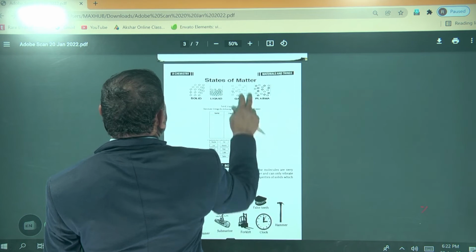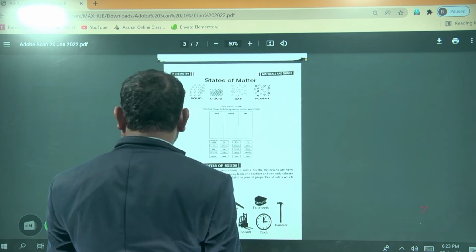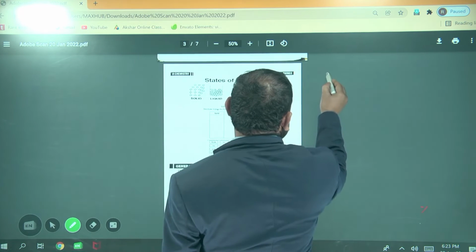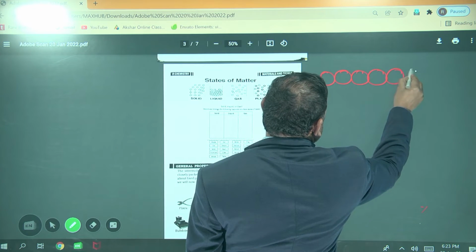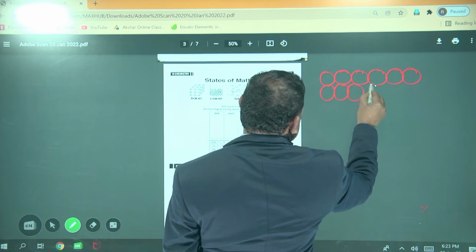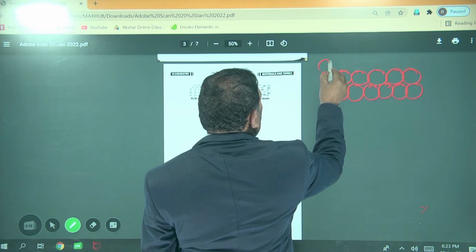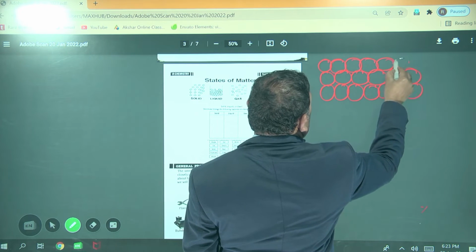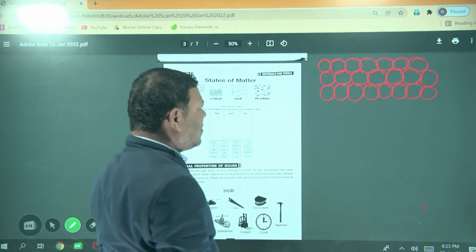You can see here this diagram showing the states of matter. If you look at the solids, they are arranged like this.